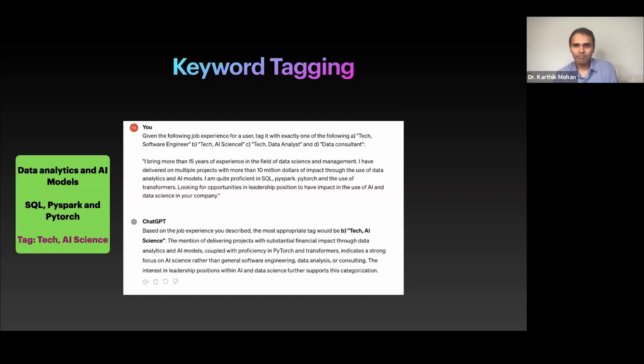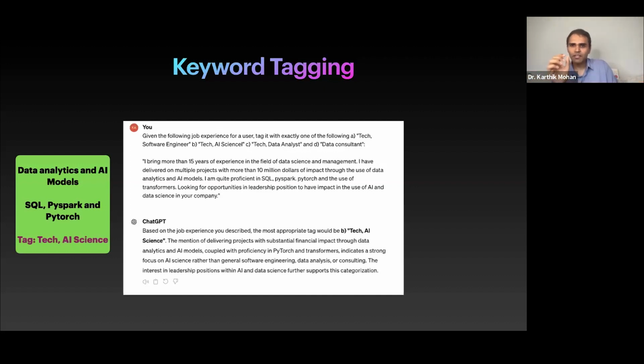For example, here, I say experience in the field of data science and management, but I changed Tableau to PyTorch, right? So SQL, PySpark, PyTorch, and the use of transformers. So PyTorch and transformers is a new addition in this particular user query, but everything else is the same. And it switched to Tech AI Science. So that was the right switch.